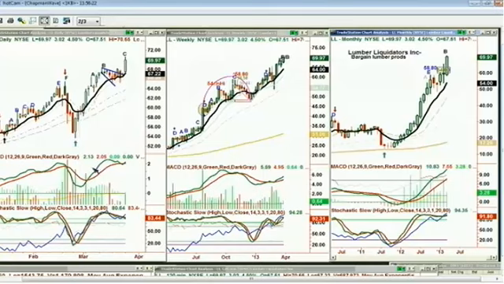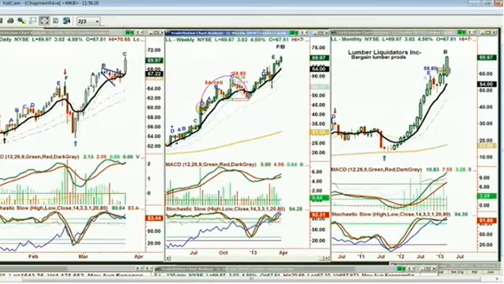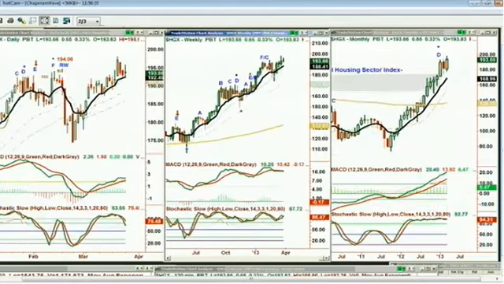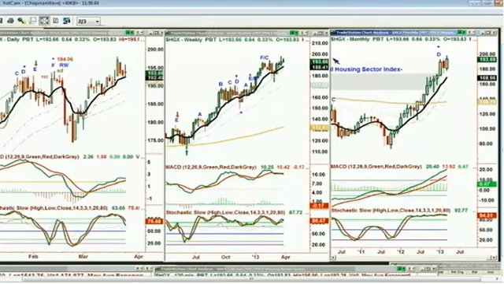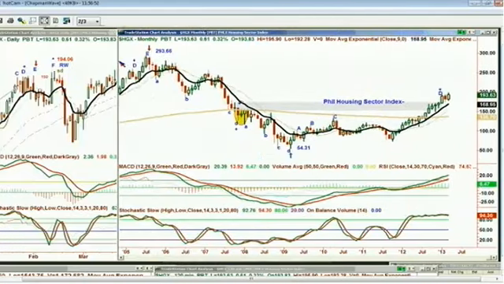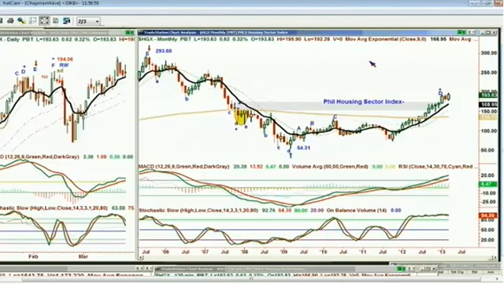So far, it's acting very well. So let me review. The HGX, which is the housing sector ETF, Philadelphia housing sector, is in leg D in the monthly chart. That says you've got to start getting a little bit cautious, even though the technicals are still very strong. Of course, it's way below the 293.66 all-time high, and they're way off the 54.31 low. Now, what's really important is that I've got this in leg D in the weekly.